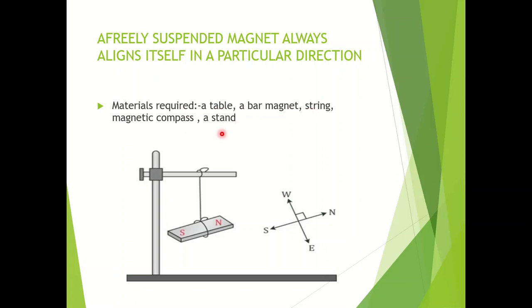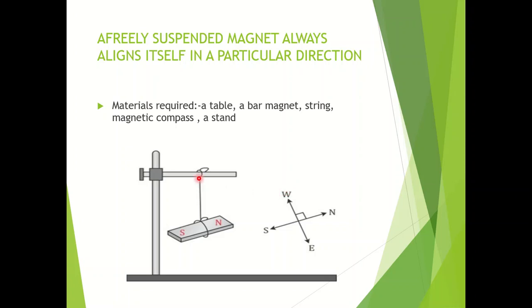We will take a sheet of paper and keep it on the table. Keep a magnetic compass near the paper to mark the directions on the paper as north, south, east and west.